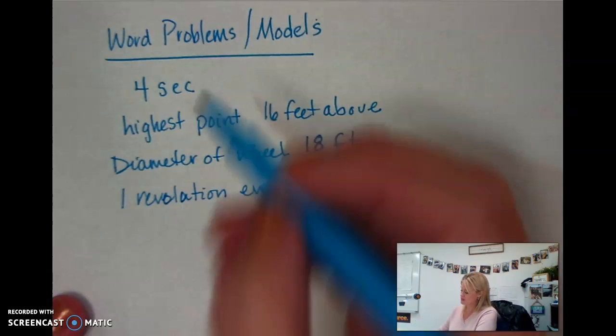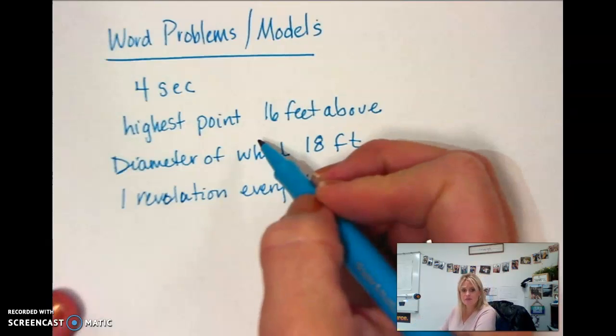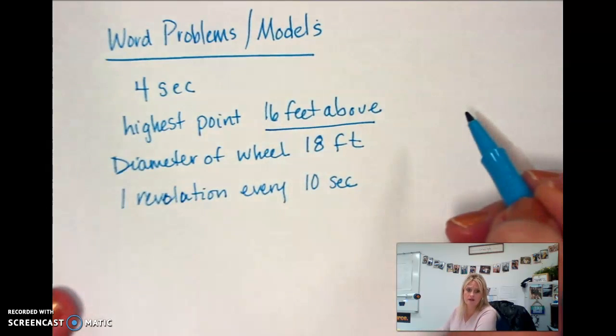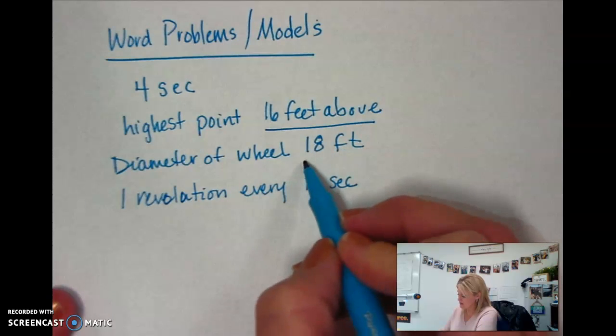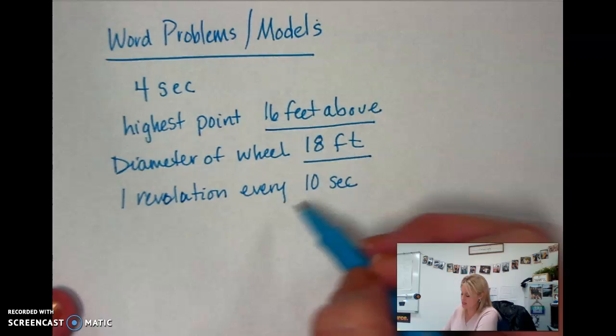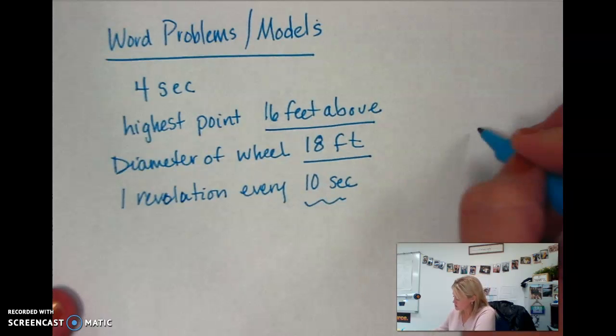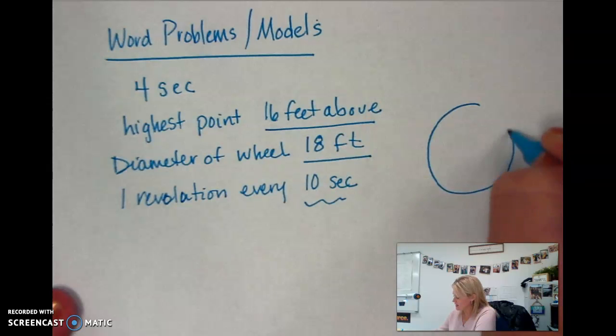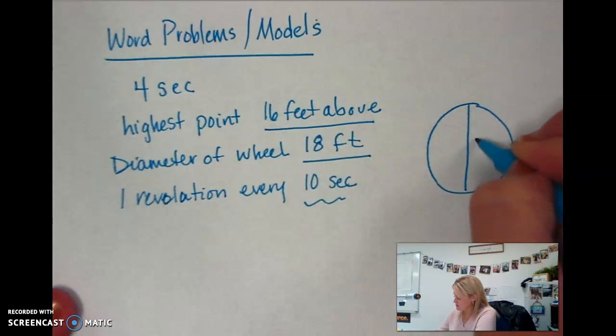So at 4 seconds, the highest point on the paddle boat is 16 feet above the water. The diameter of the wheel is 18 feet, and 1 revolution takes 10 seconds. So if we have this wheel, we know that the diameter is 18 feet.